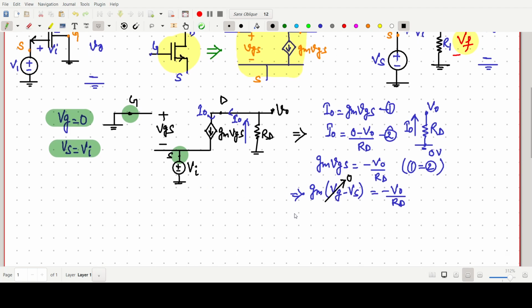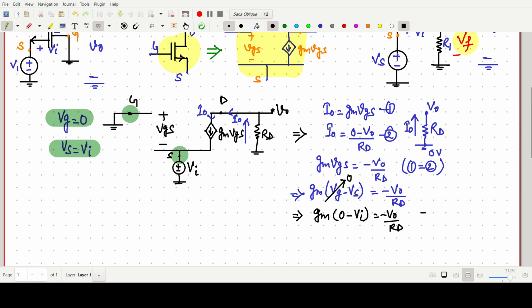So one more line we can write like this: gm times (0 minus Vs), where the voltage at the source is Vi, so minus gm times Vi equals minus V naught by Rd.